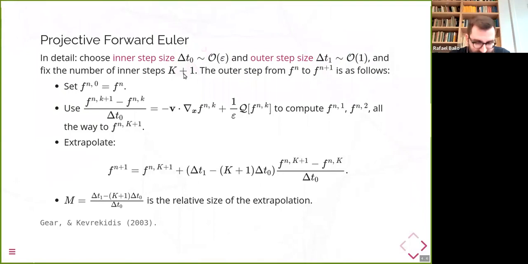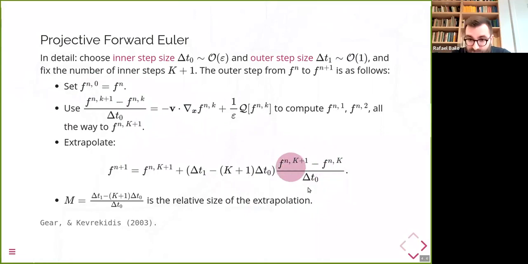And then you do exactly what I've described. You start with your Fn as this Fn0. You do a sequence of k+1 steps of forward-Euler with any old spatial discretization. This doesn't matter so much. And when you have your Fnk and Fnk+1, these are 2 points which are firmly on the Maxwellian manifold, you then do an extrapolation. You use Fnk+1 and Fnk to approximate the time derivative of f.